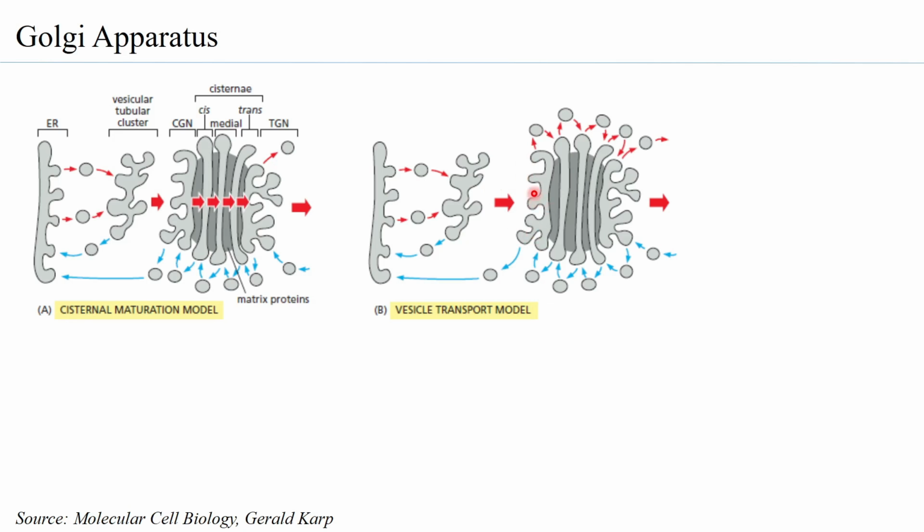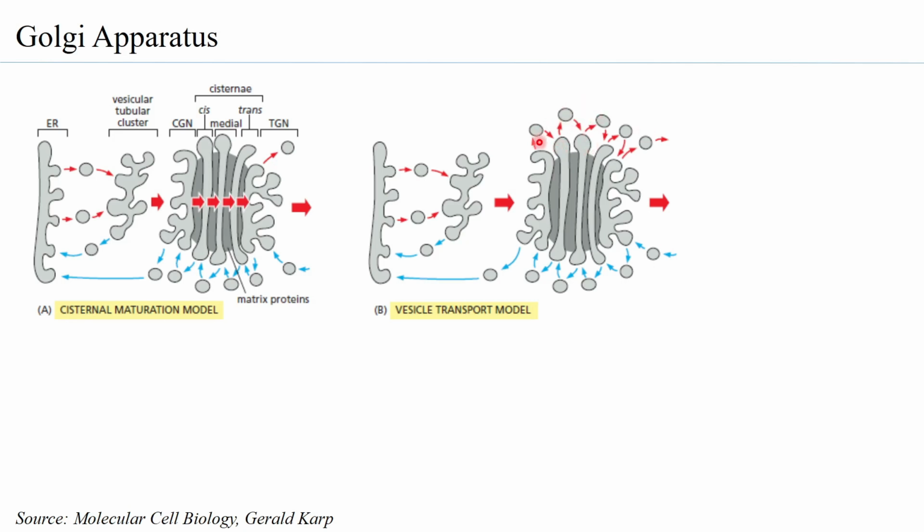But from the cis Golgi network, whatever protein has to be further processed buds out as a vesicle, then is endocytosed here. Whatever changes have to happen to the protein happen here, then it gets exocytosed out, then endocytosed, exocytosed, endocytosed. So here the cisternae are not maturing, but the protein that gets modified is just coming out as a vesicle and then again taken in as a vesicle.